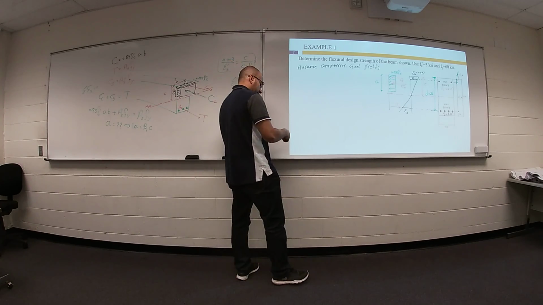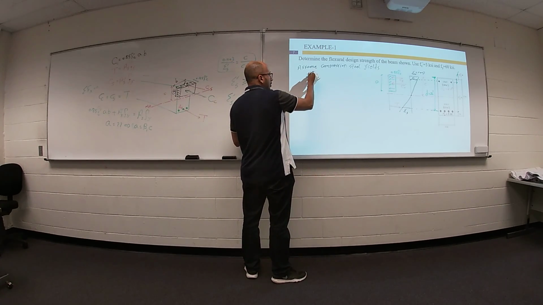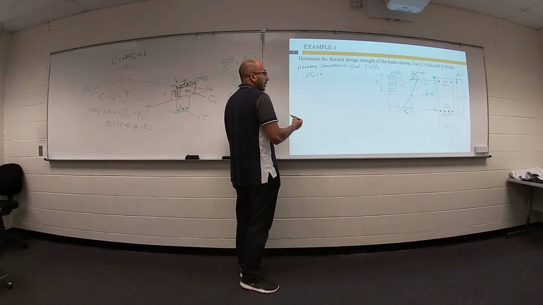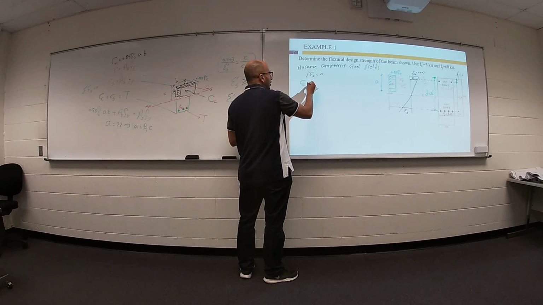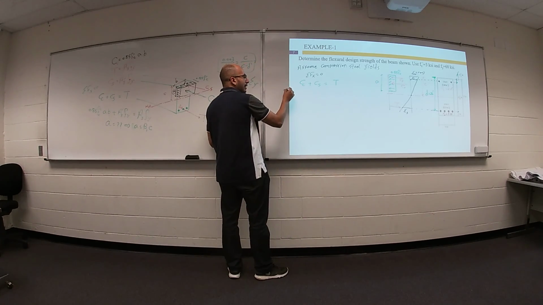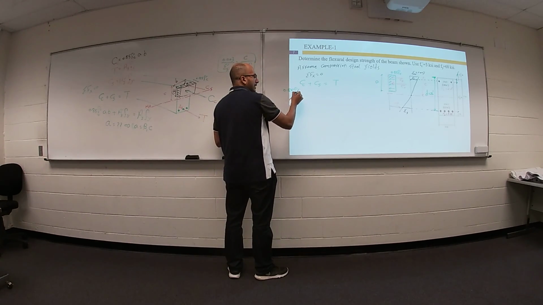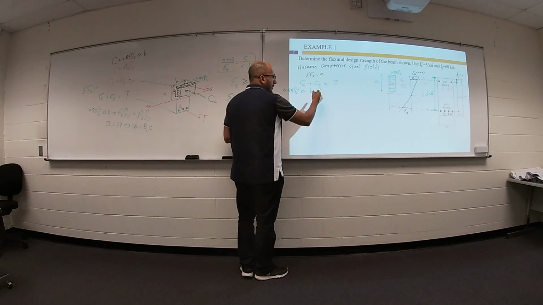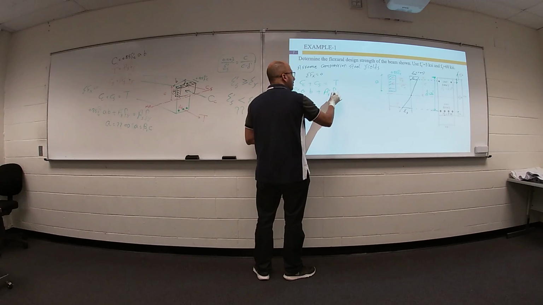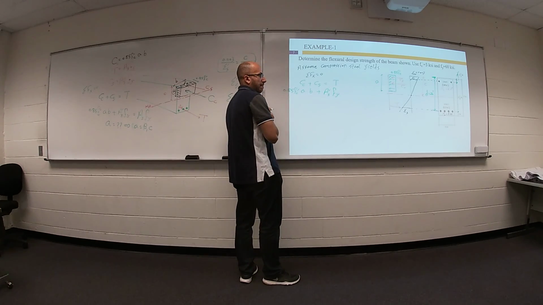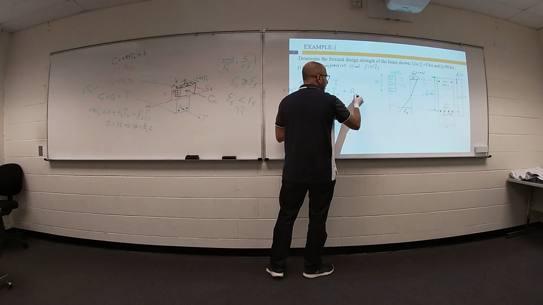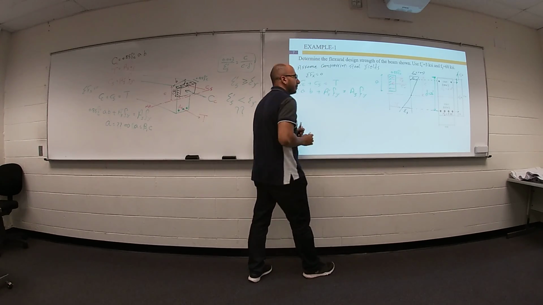For equilibrium, if you apply summation Fx equals 0, CC plus CS equals T. CC is 0.85 F prime C times A times B, plus CS, where we assumed yielding, so area steel prime times F yield, equals T, area steel times F yield.